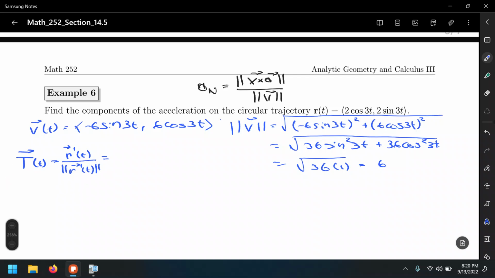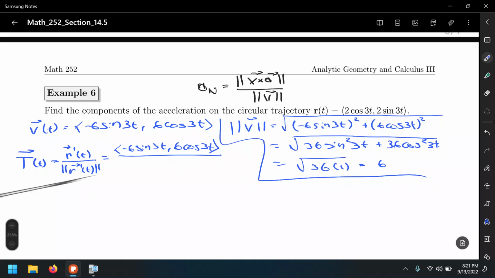In this case, the velocity vector, which is negative 6 sine 3t, 6 cosine 3t, divided by the magnitude, which is 6. This one is easily reducible, so that's just negative sine 3t, comma, cosine 3t.